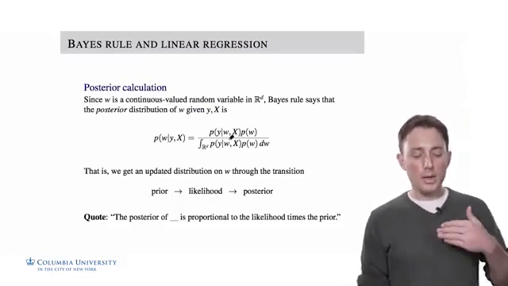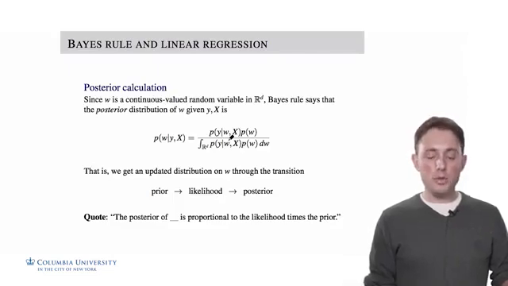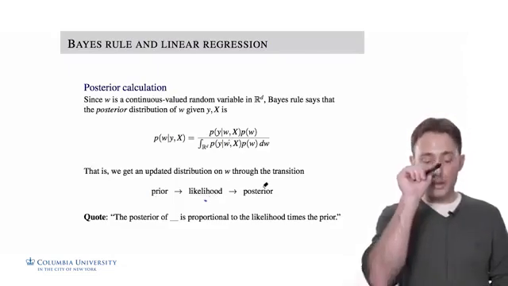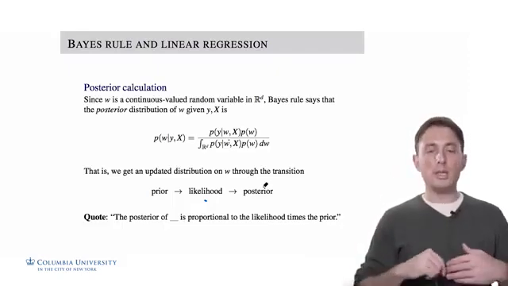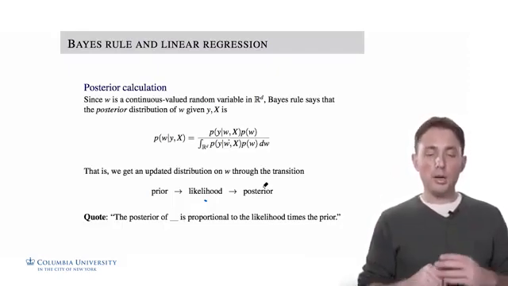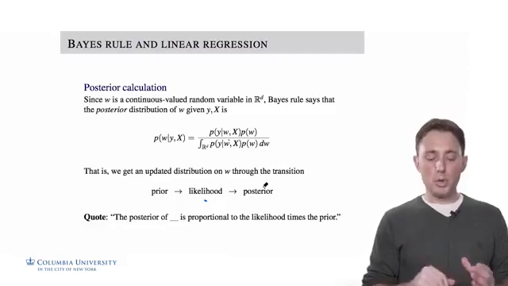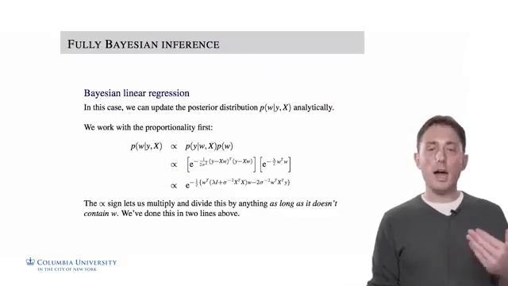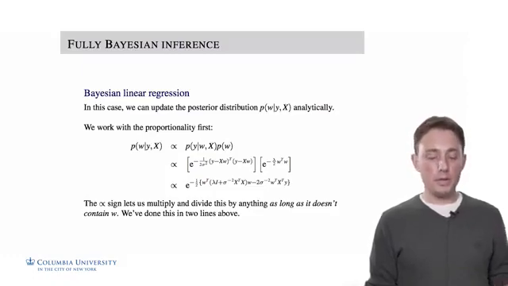So that is, we get an updated distribution on w through the transition of prior to likelihood to posterior. Or in other words, we would say the posterior probability of something is proportional to the likelihood times the prior. So let's see how we can do fully Bayesian inference for the linear regression problem.